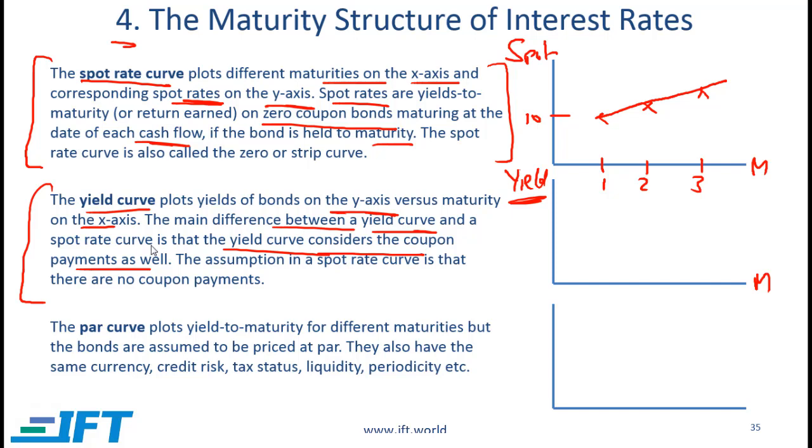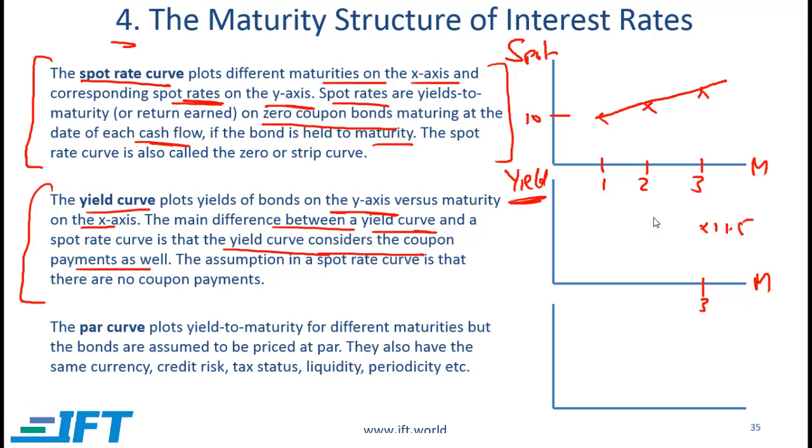In other words, it considers the various coupon payments. So you can have a situation where the yield on a 3-year bond is, let's say, 11.5%. That is the yield to maturity, assuming you are holding a 3-year coupon paying bond to maturity.